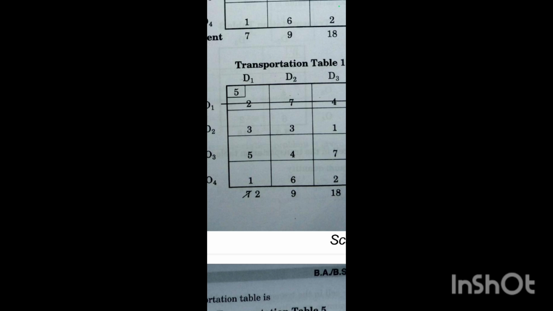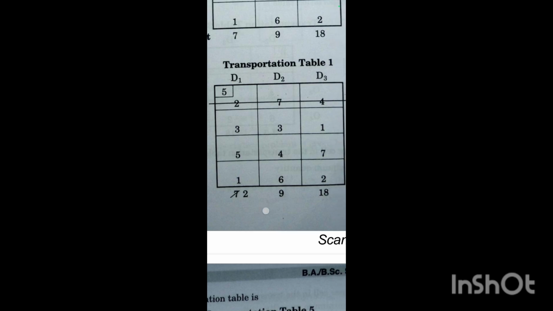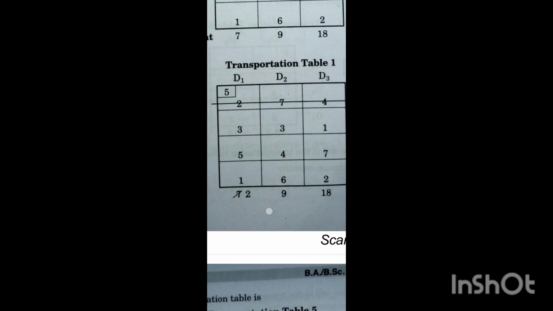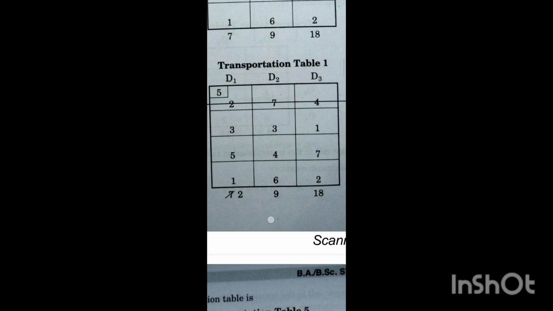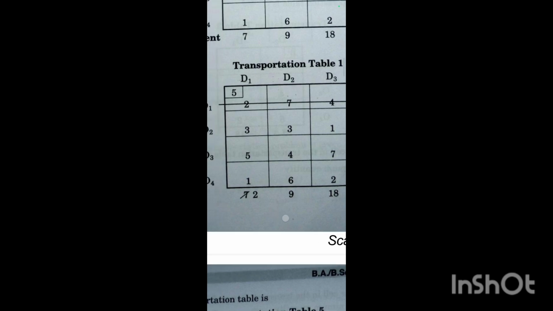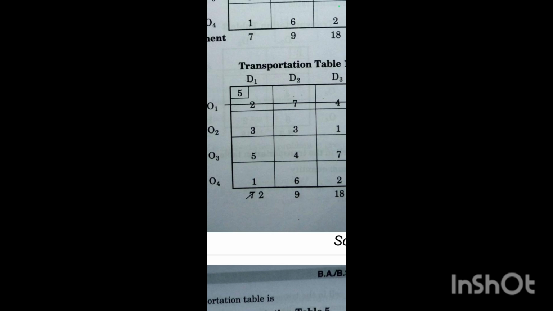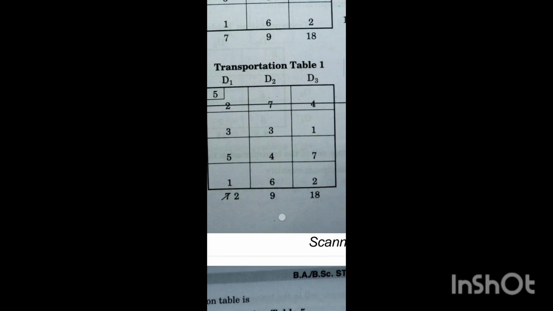You can allocate the least value here, which is 2. So this is going to be allocated in the next cell, and the column D1 is going to be eliminated.